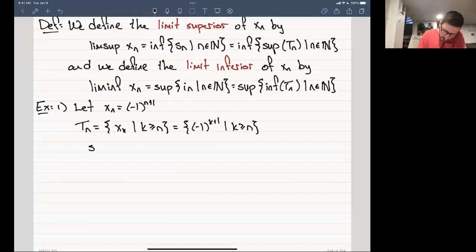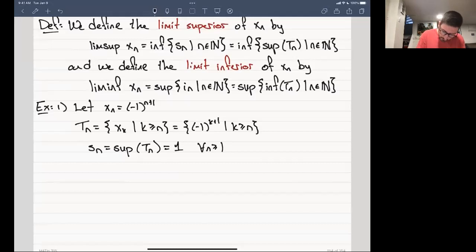So then we can ask ourselves, what is the supremum of these tails? Well, remember the tail is just a sequence of -1 and 1. So what's the biggest value that thing can take on? It only takes on two numbers, 1 and -1. So it's pretty easy to see that this is equal to 1 for all n.